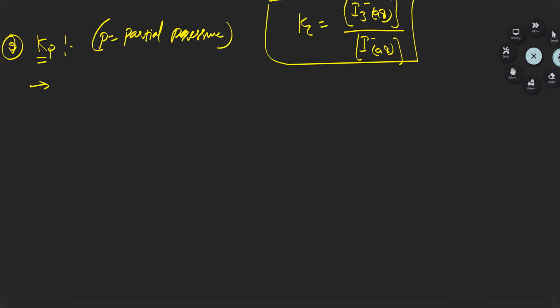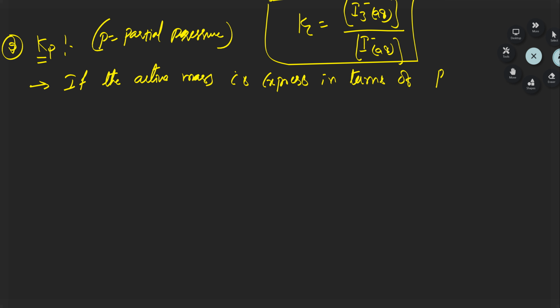Now, why are we showing the difference here? Kp means if the active mass is expressed in terms of pressure, then the equilibrium constant is shown by Kp.